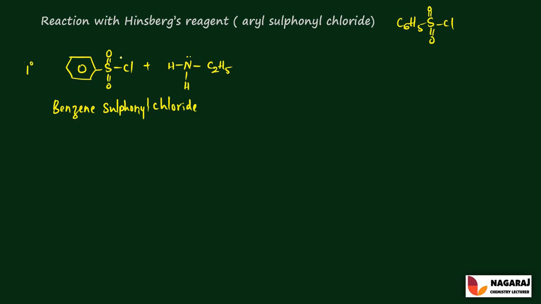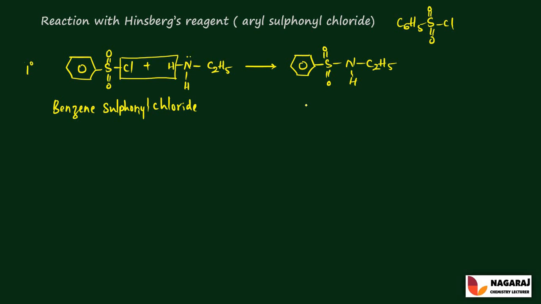So when it reacts with the Hinsberg reagent, there is an elimination of one hydrochloric acid molecule. So it gives C6H5SO2, and the sulfur attached to the nitrogen, right? NC2H5, and this nitrogen contains one more hydrogen.